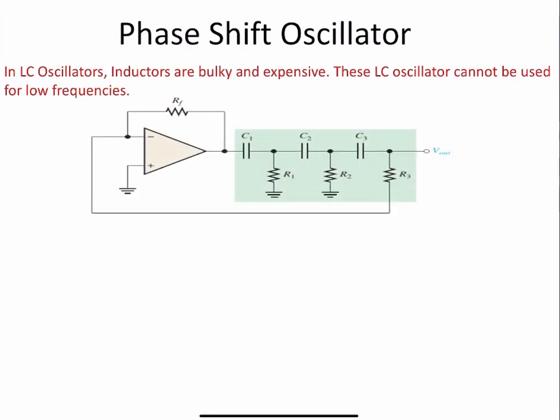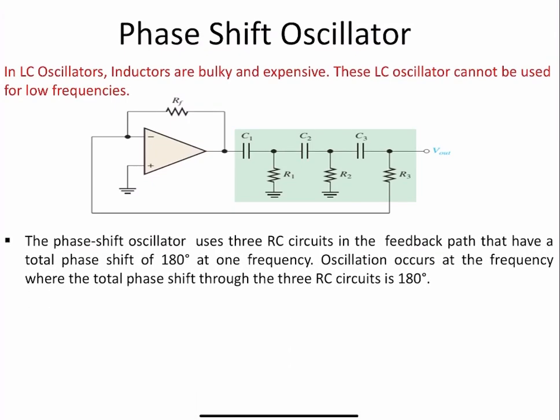The basic circuit for the phase shift oscillator is shown here. In this, an operational amplifier is used for amplification, and for the feedback network, 3 RC sections are connected. These 3 RC sections are used to get the desired resonant frequency of oscillation, and they also provide the desired phase shift.